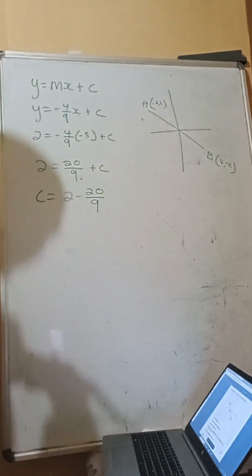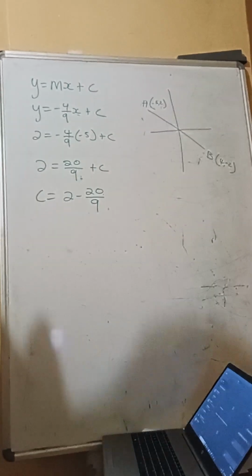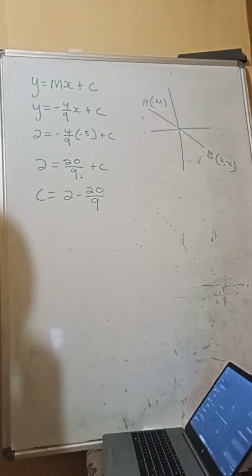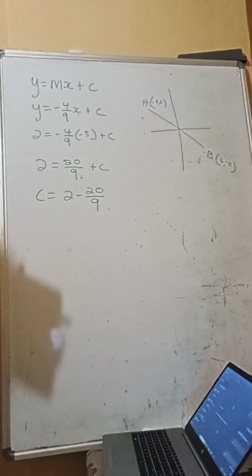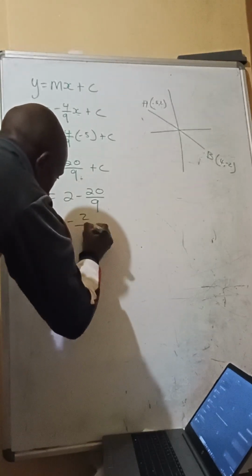So let me just calculate how much is 2 minus 20 over 9. Okay, so now 2 minus 20 over 9, it will all give us negative 2 all over 9.